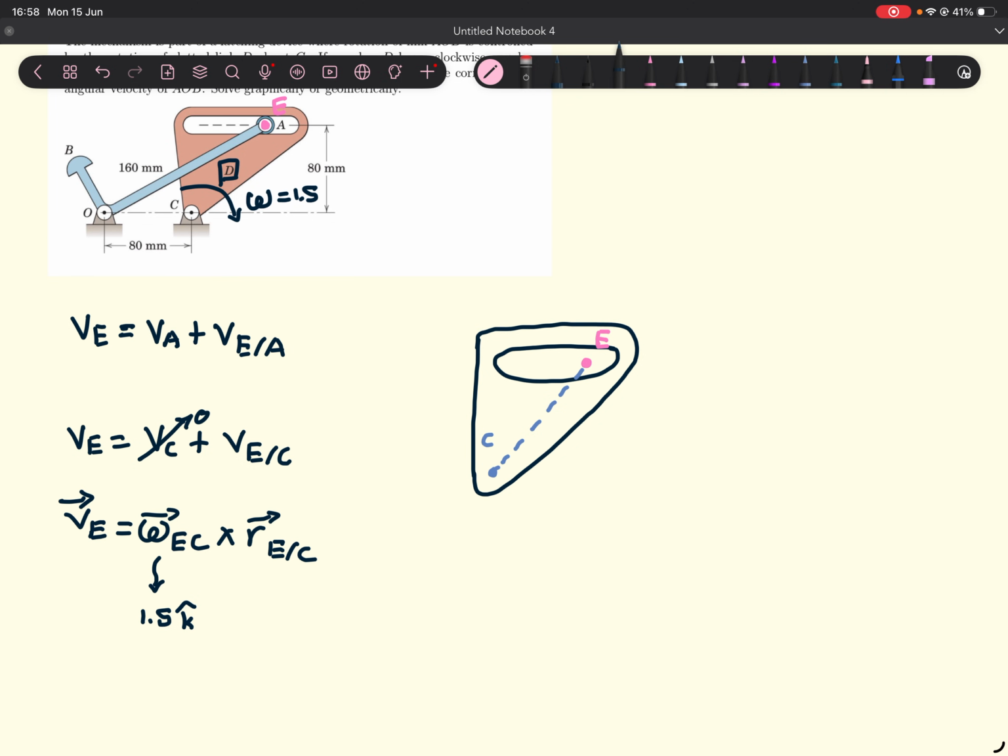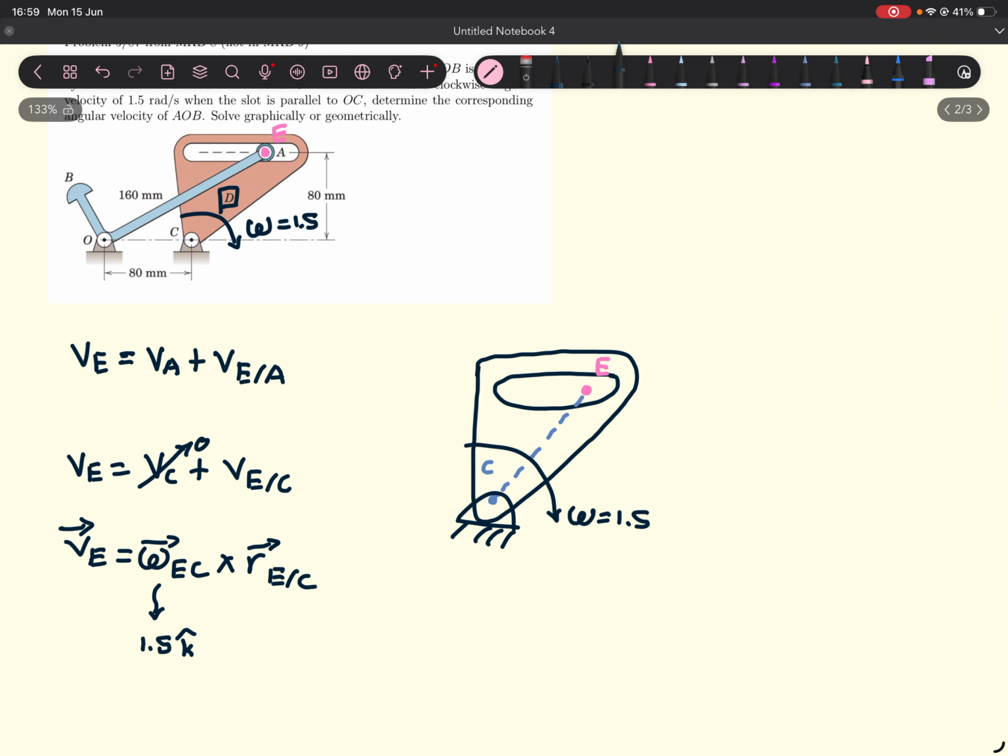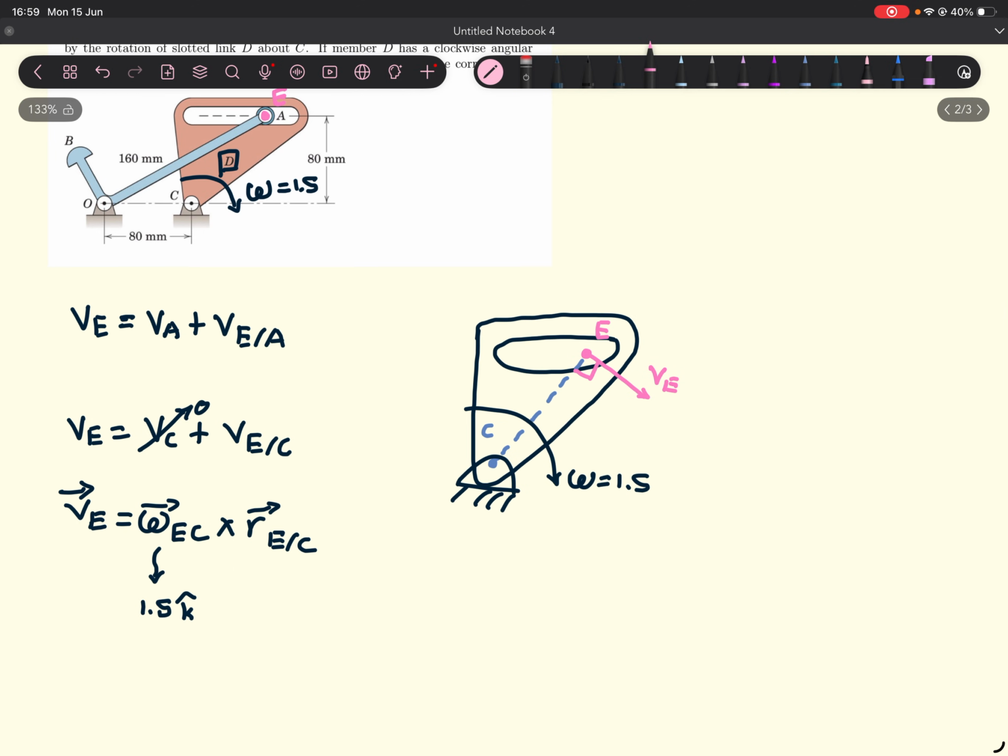So since this thing is going through fixed axis rotation, I know that the velocity of E needs to be perpendicular to whatever this vector is. So I know VE is going to act in that direction. Cool. So I'm sorted with VE in terms of getting its vector, and then we're going to look at VA next.